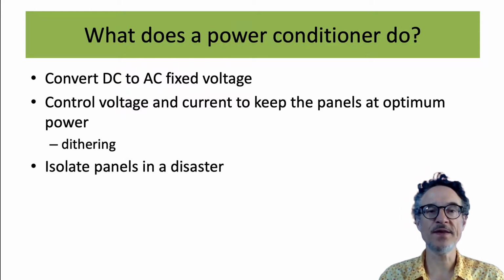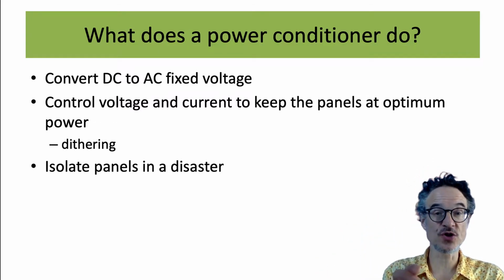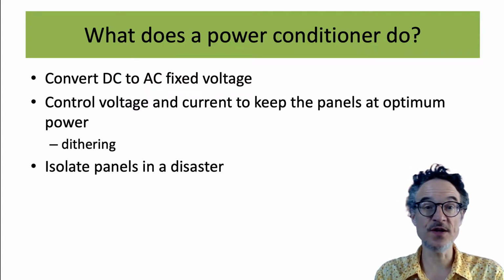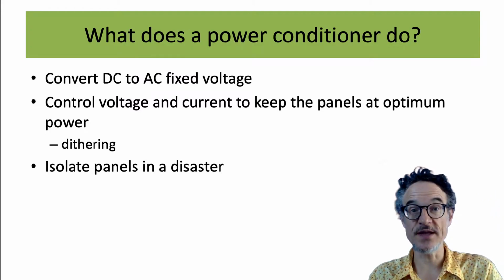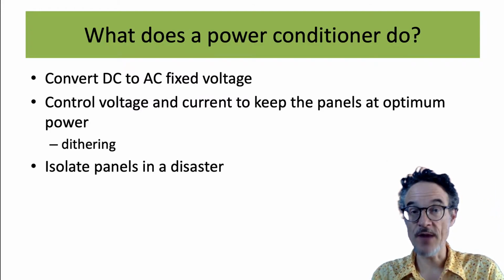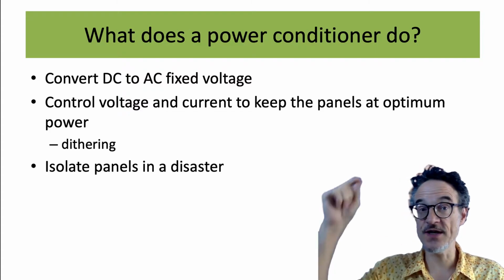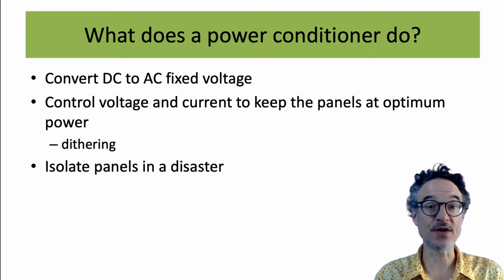Also, in the case of a disaster, because your panels are connected to your house and your house is connected to the grid, there may be a situation where the power cables go down near your house. And if someone is going to try and fix those cables, if your house is producing electricity and sending it to the grid, that can be very dangerous.